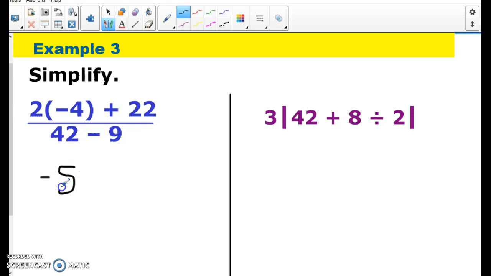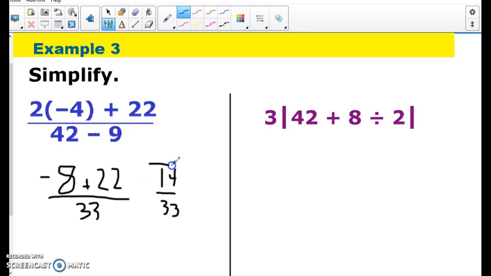So I'd end up with negative 8 plus 22, which is going to give me a positive 14. And then 42 minus 9 is going to give me 33. I can't simplify that, so I'm just going to keep it as 14 over 33.